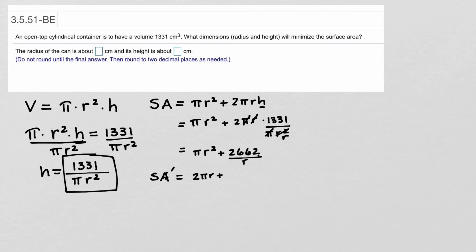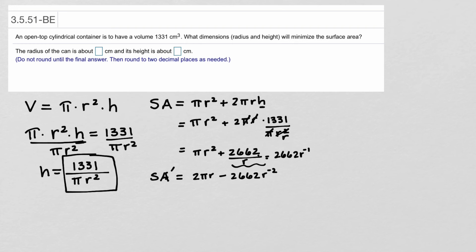And the derivative of 2,662 over r, if it makes it easier, just think of this part as being 2662 r to the negative 1. So this is going to be actually a negative 2662 r to the negative 2.